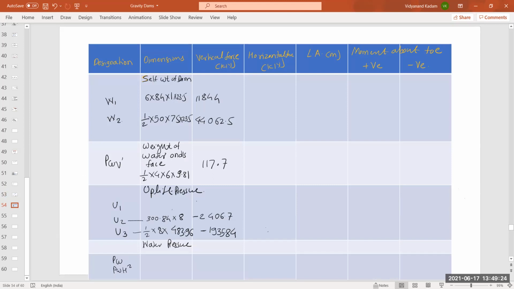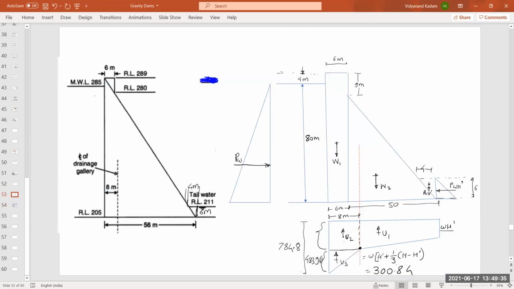Now let us calculate U1. So what is essential to calculate U1? Okay, observe the figure. U1 is a trapezoidal shape. So how to calculate U1? For that we have to take average of these two values. We know that this particular height is 300.84, and calculate also this W into H dash. H dash is 6 meter here, so 9.81 into 6.